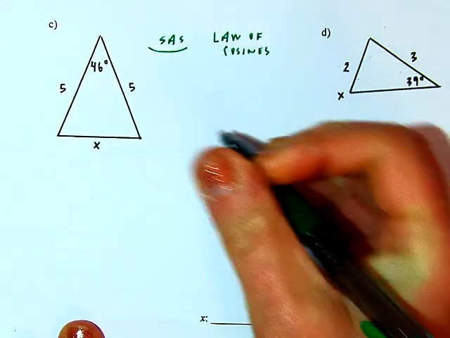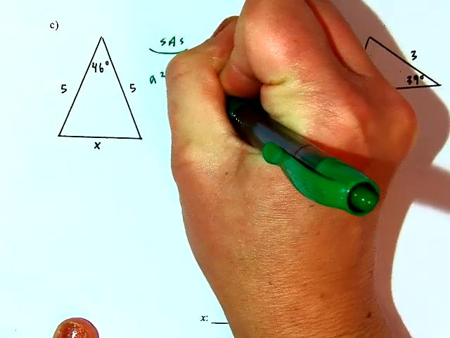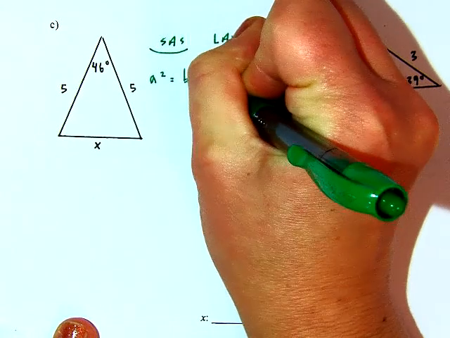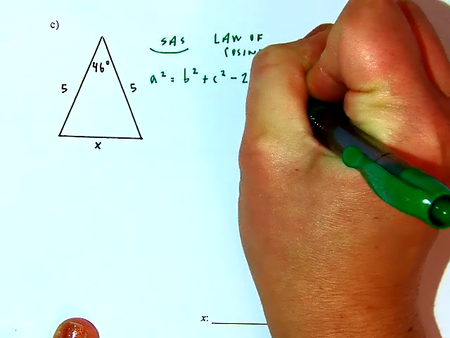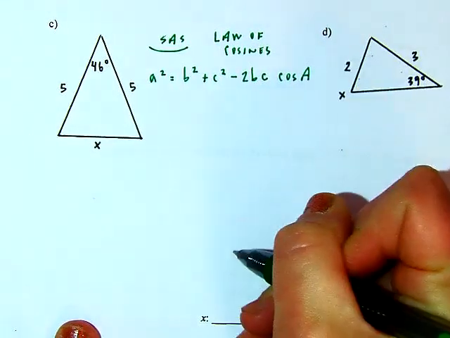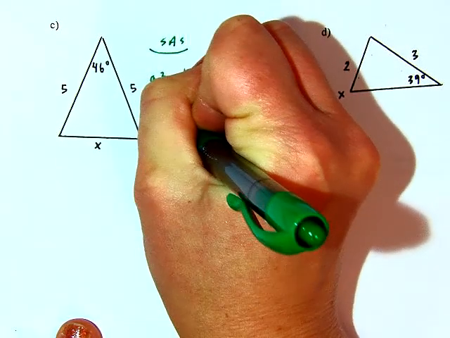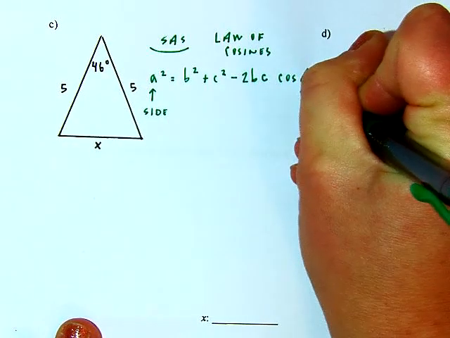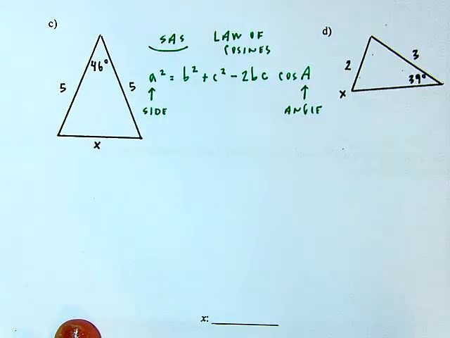So let me just remind you again, a squared equals b squared plus c squared minus 2 times b times c times cosine a. And again, we're either solving for a side or an angle. In this case, we're solving for a side, right?